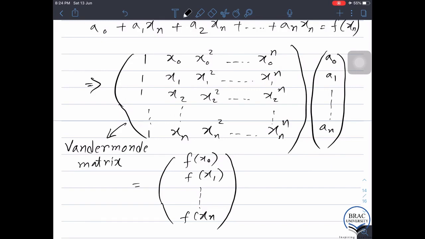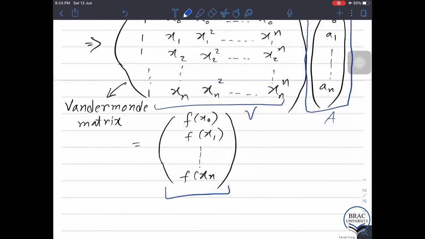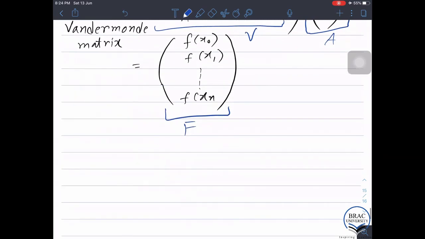Okay, so our goal will be to find these coefficients. So what we have to do is that, let's call this big matrix V, this matrix A, and this matrix capital F. Then this equation can be written as VA is equal to F.